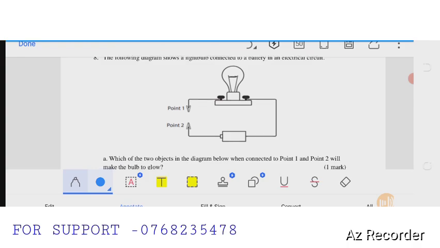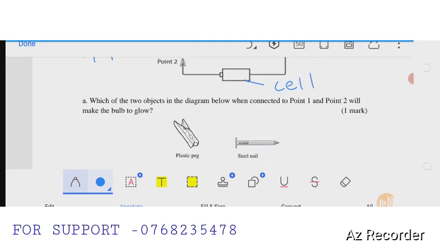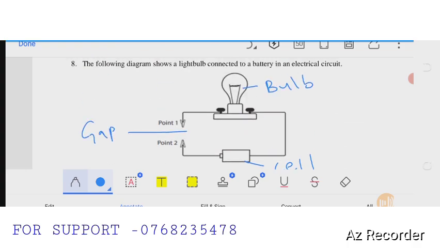So as you can see, this is the bulb, this is of course the cell, you can call it dry cell or battery, and you have a gap between point 1 and 2. This is just a gap. So which of the two objects in the diagram below, when connected in points 1 and 2, will make the bulb light? They want an object that when placed between point 1 and 2, the bulb will light.